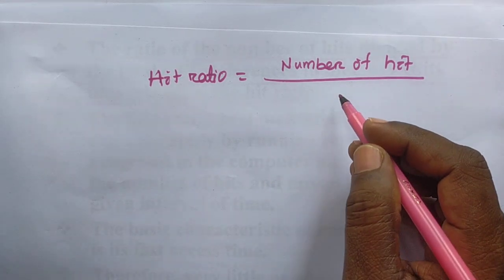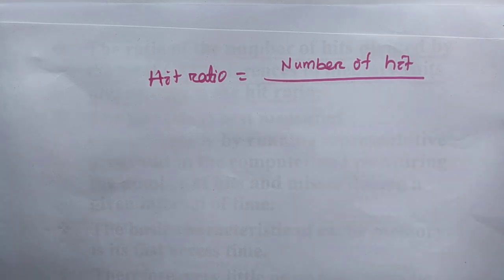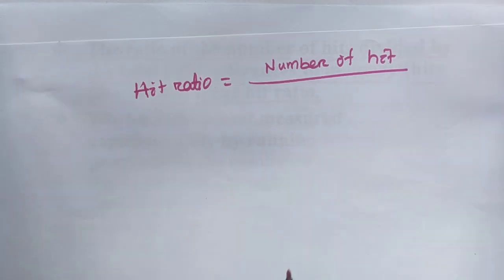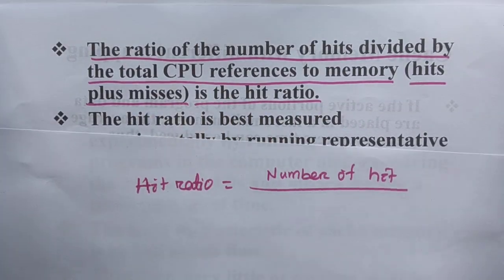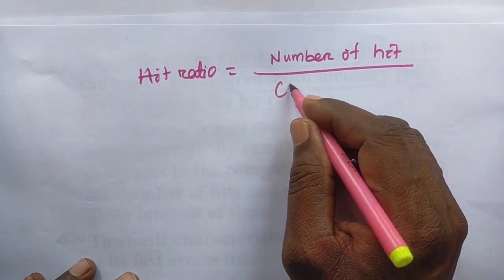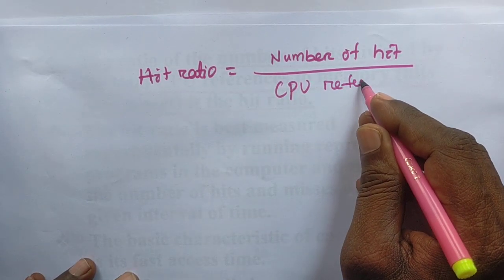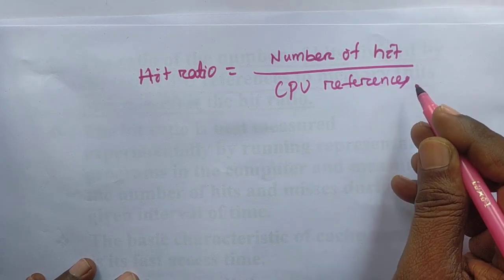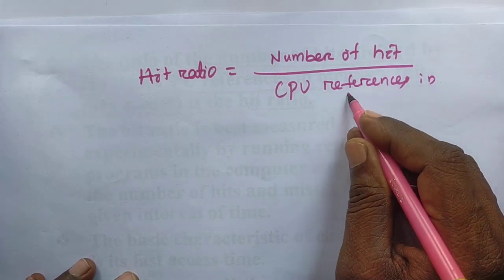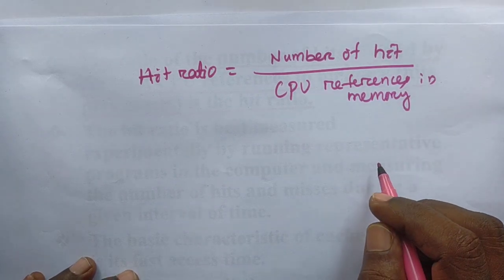So we find the number of data, which we can call the number of hits. The other is the CPU reference to memory.